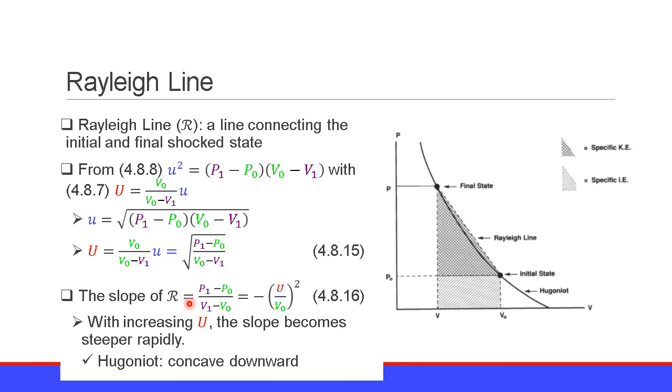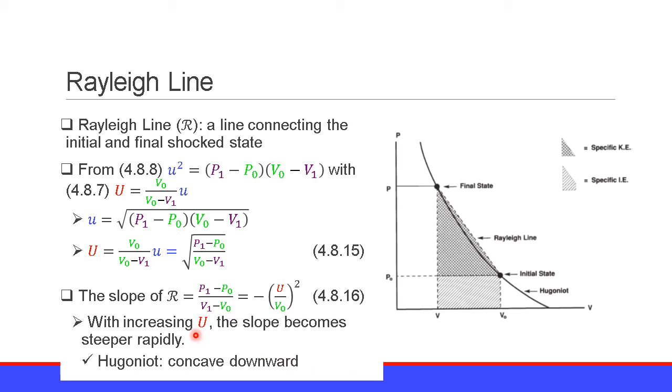The slope of the Rayleigh line in the pressure and volume space is p minus p0 divided by v minus v0, which is equal to minus U squared over v0 squared from this equation.